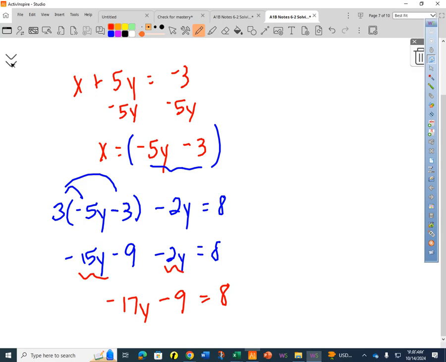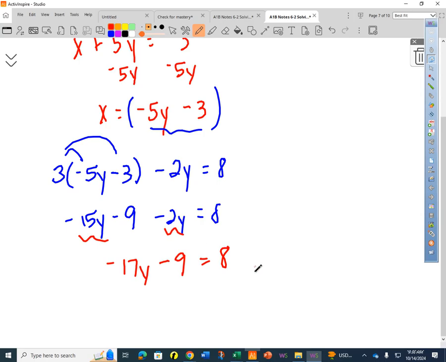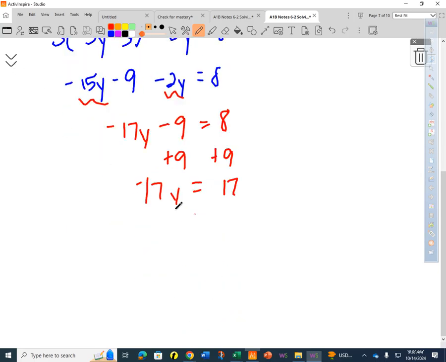Now I've got a two-step equation. Negative 17 times y minus 9 equals 8. I'm going to first undo the minus 9 by adding 9. So now I have negative 17 times y equals positive 17. I have a one-step equation. Negative 17 is being multiplied by the y, so I undo that by dividing by negative 17.